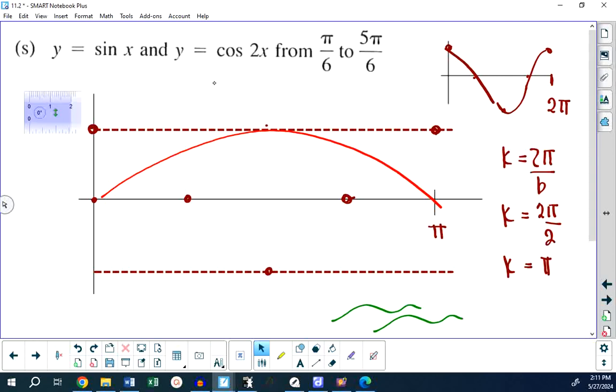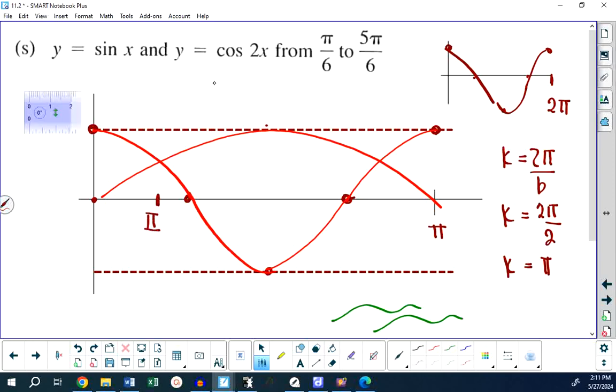So cosine of 2x looks like that. Good? I'm guessing, even though I haven't done the algebra, and I'm hoping that this is pi over 6 and that this is 5 pi over 6. It sure would be nice, and I think if it wasn't, it would not be an intermediate type of problem.